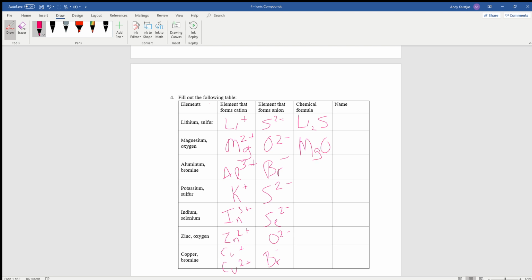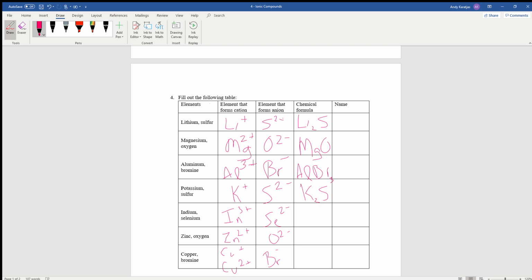Aluminum and bromine, aluminum is +3, bromine is -1, so we need 3 bromines, which would give us a total of -3, which would offset the +3. Potassium is +1, sulfur is -2, so we need to have 2 potassiums, 1 sulfur.